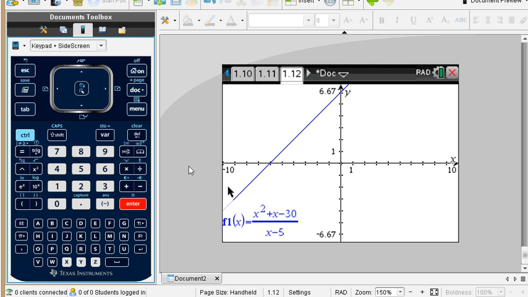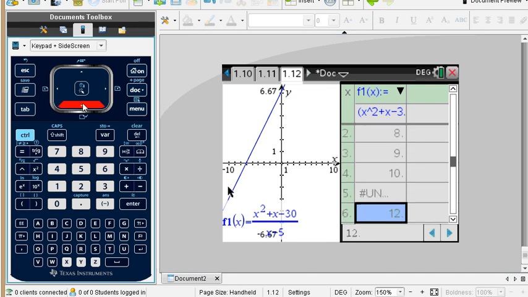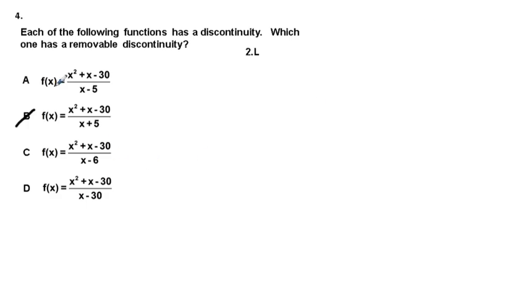We can check that we do have a discontinuity at x equals 5 by going to Control T, which is our table view. If we go to an input of 5, we see an output of undefined. So that solidifies answer choice A as our correct answer.